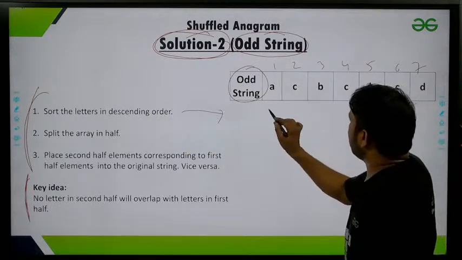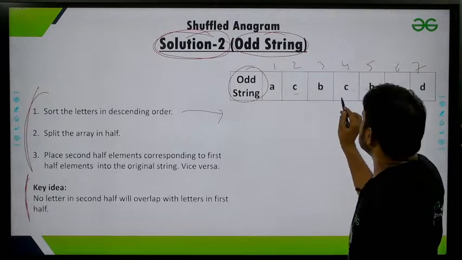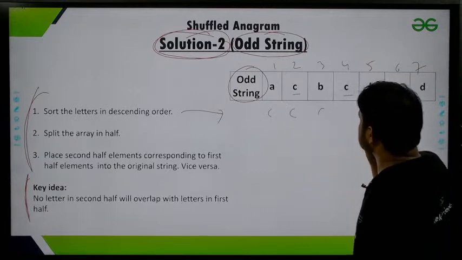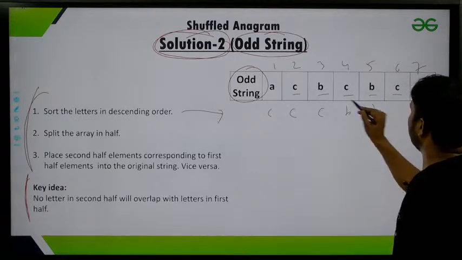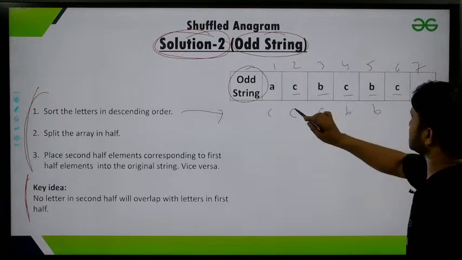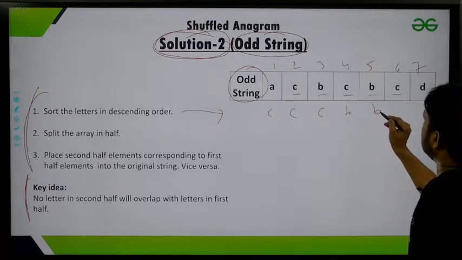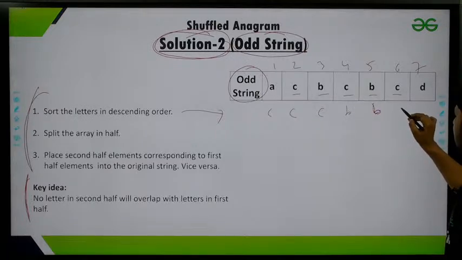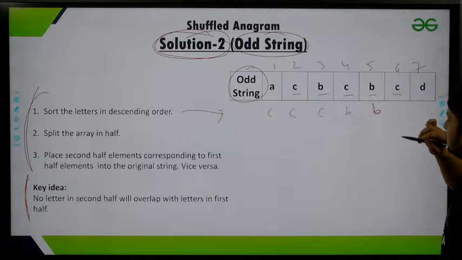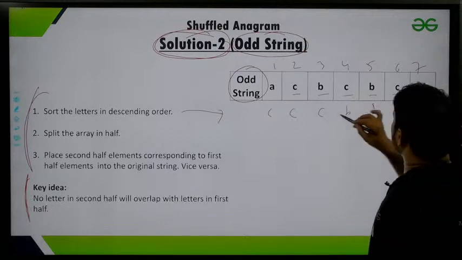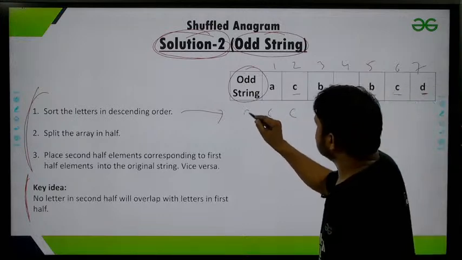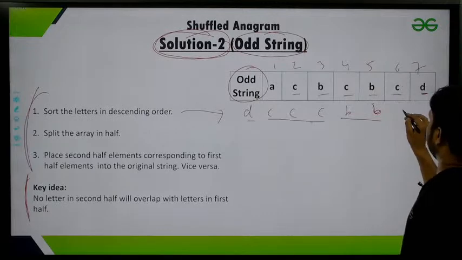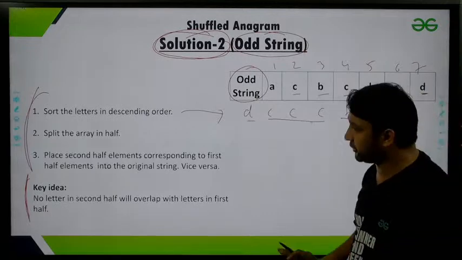Descending order means C is the biggest one alphabetically, so I'm writing C first, then B, and then 3 times C, and then 2 times B, and then after that A or D. Okay, I need to sort them in descending order. So D will come first, then C, then B, and then A. Okay, I have sorted it.